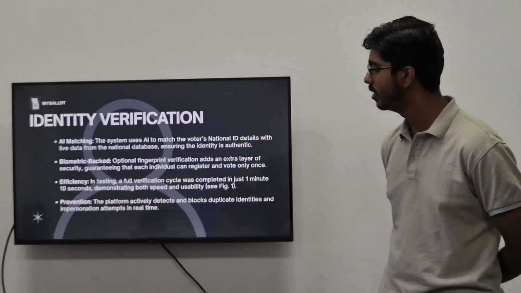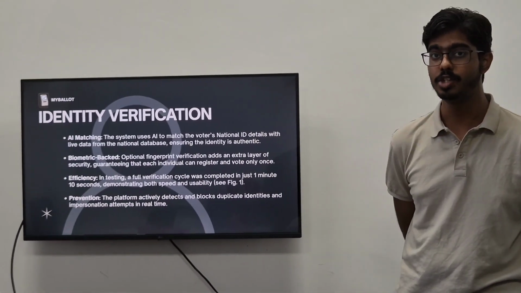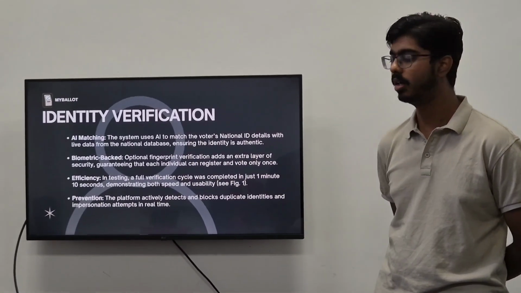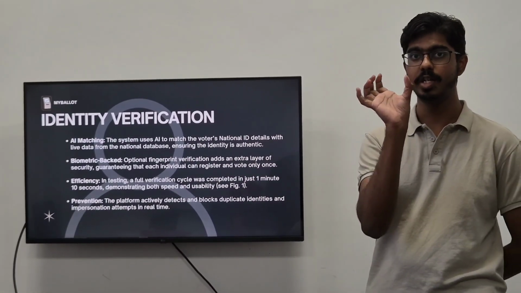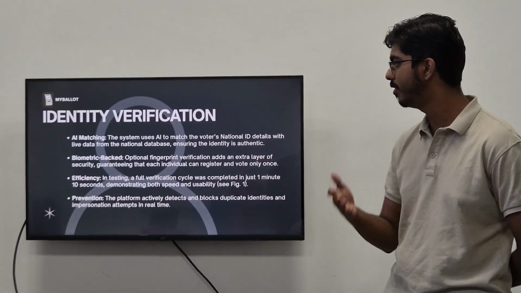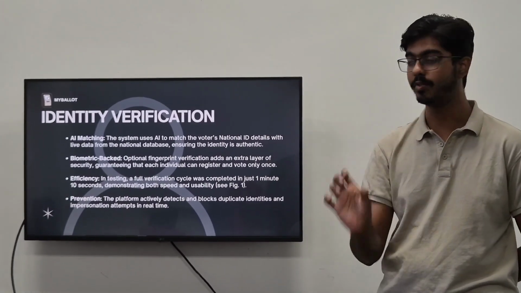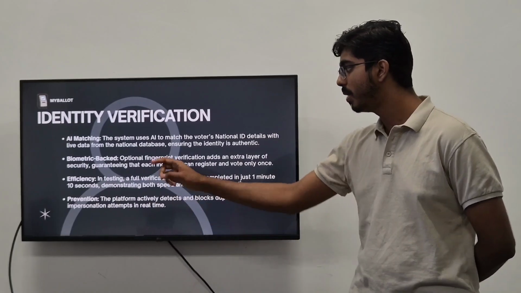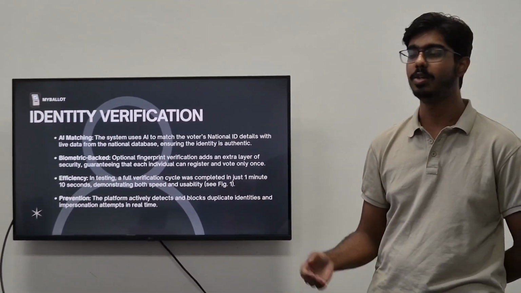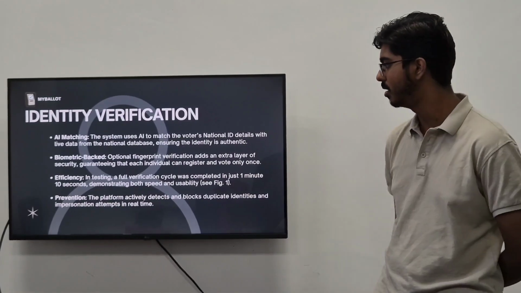Okay, identity verification. These are one of the key features of MyBallot. We'll be using AI matching, where we will use the person's national identity card, MyKad, scanned, and later we will use their Face ID to make sure that it's the correct voter. So it is also biometric backed, which I mentioned, Face ID, but in the case where Face ID cannot be used, we can also use an optional fingerprint.